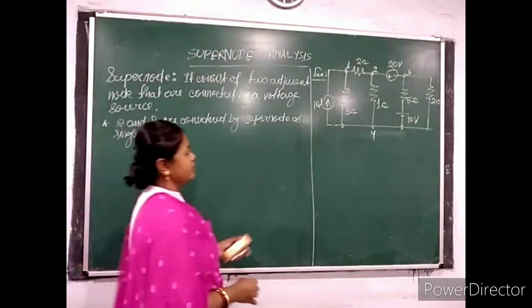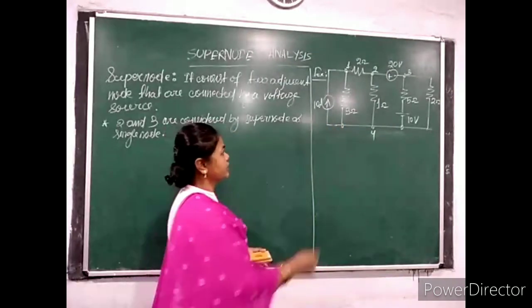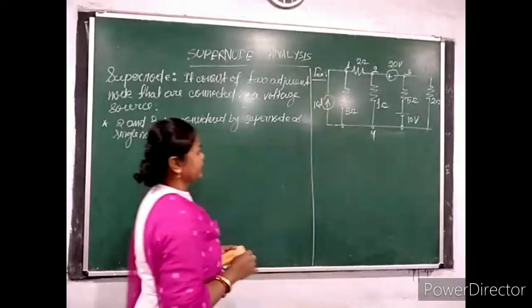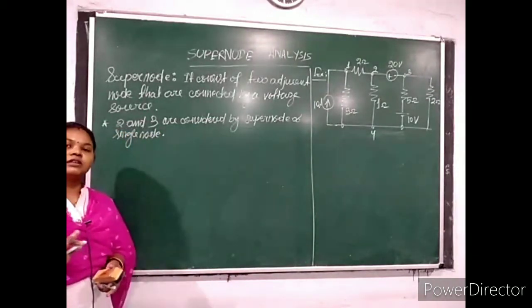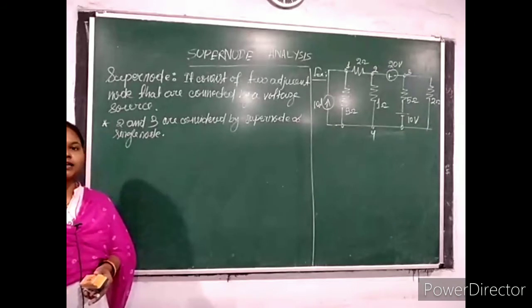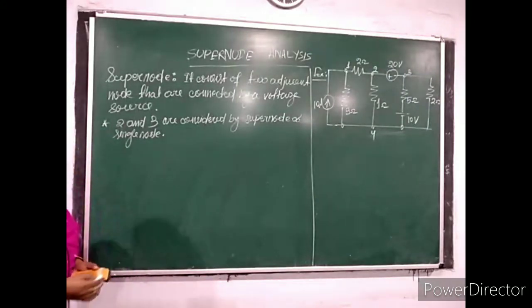And if you want to write the nodal equations for this example circuit, the same procedure you have already followed in the nodal analysis method, here also you follow the same procedure.